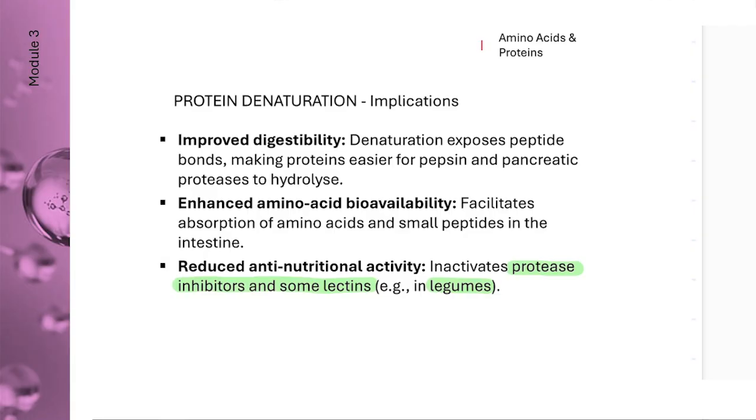So you have some substances in those foods that inhibit certain enzymes. So the natural denaturing that happens in the stomach actually can help to denature those protein inhibitors and prevent the anti-nutritional activity of those foods.